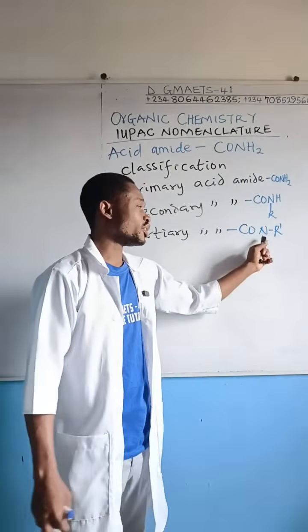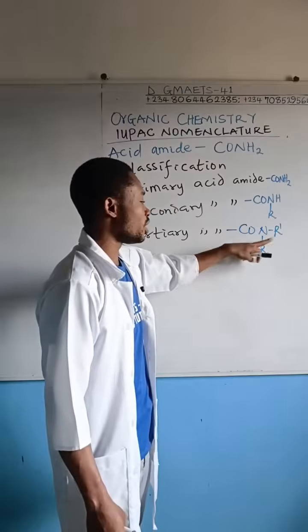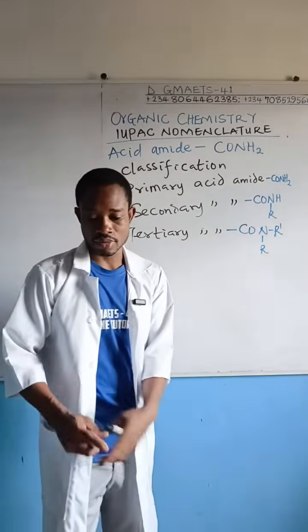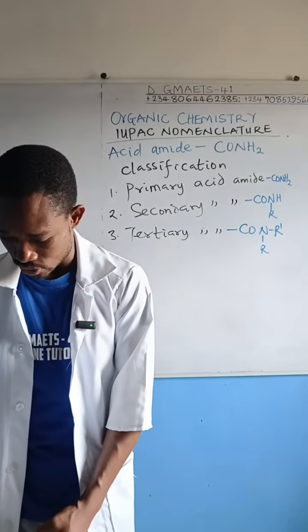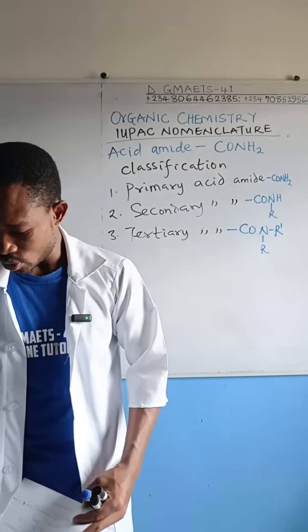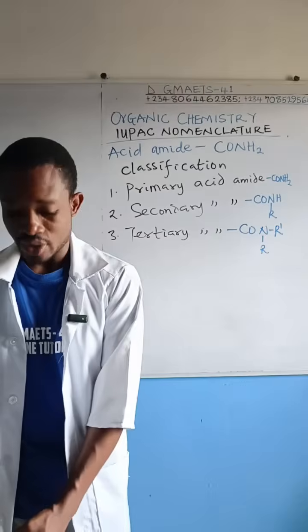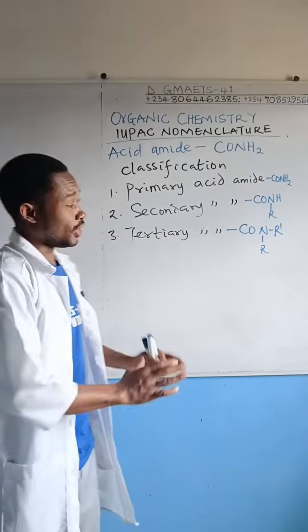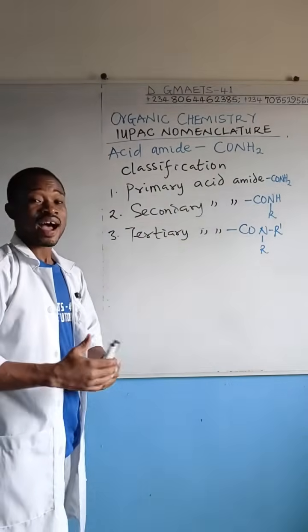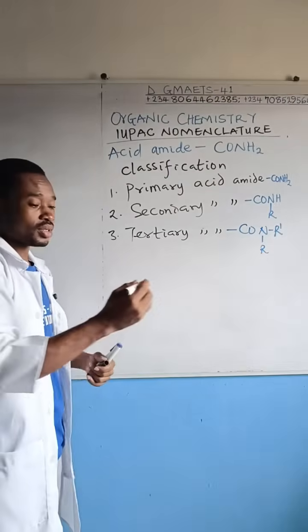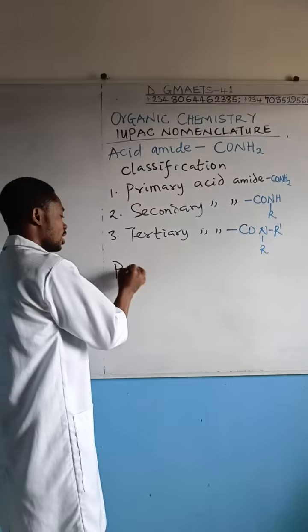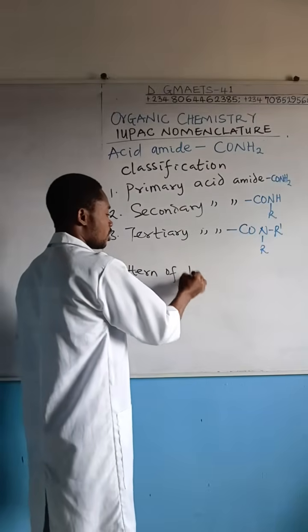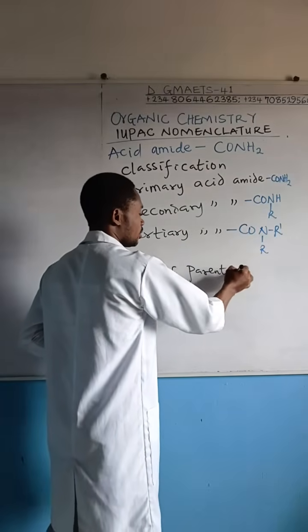All the hydrogens on the nitrogen have been replaced with chains of carbon atoms, alkyls. Is that okay? So that is it. Now you know the classifications of acid amide. We can now talk about the pattern of the parent name.